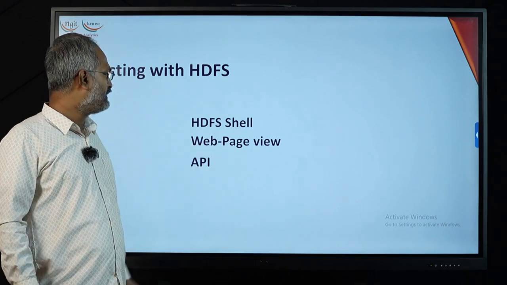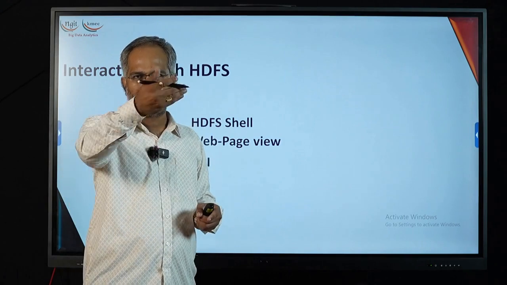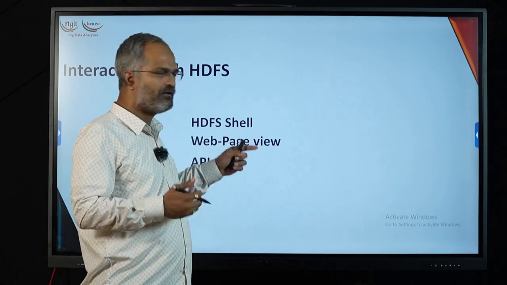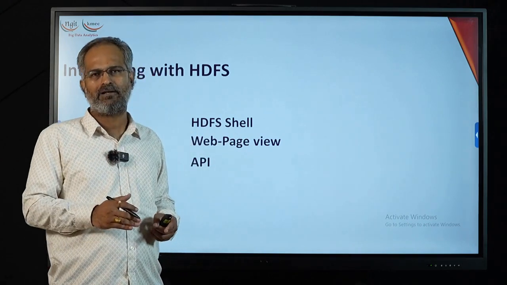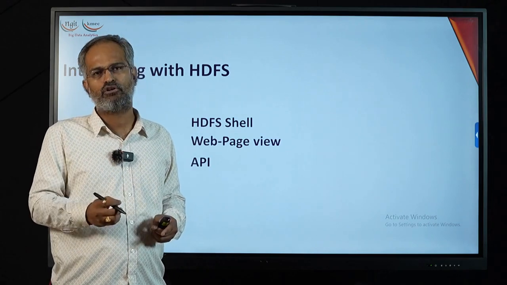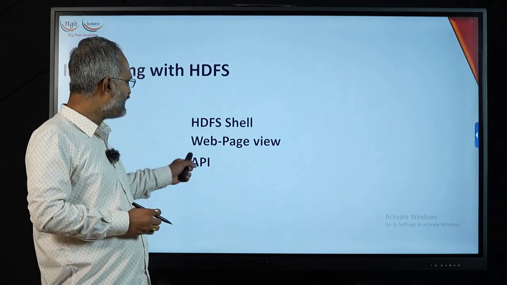The second is the web page view. You can open any browser and communicate with the server, see the Hadoop and HDFS environment, see the files, and download the files. All these facilities are available in the web page view. The third is the API.